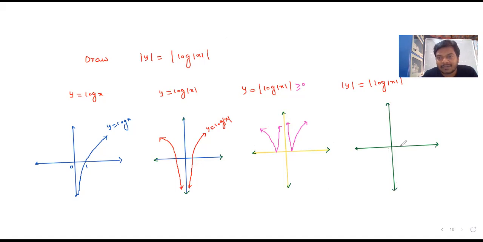Therefore, by the previous graph, this one. Now, the modulus is also for y, so we get the graph in this way. This is the graph of mod y equal to modulus of log of mod x. Okay, very simple. You can easily draw the graphs.